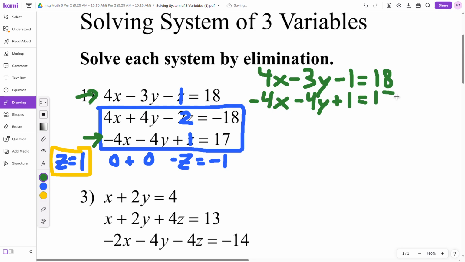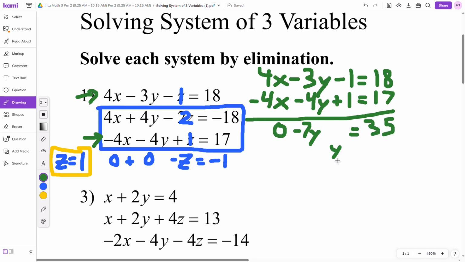And let's add these two together and see what happens. If I add these two together, I get 0 minus 7y, and the 1's go away, equals 35. Divide both sides by 7, and I get negative y is 5. And so therefore y equals negative 5.